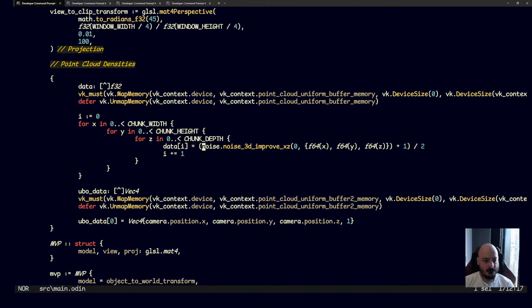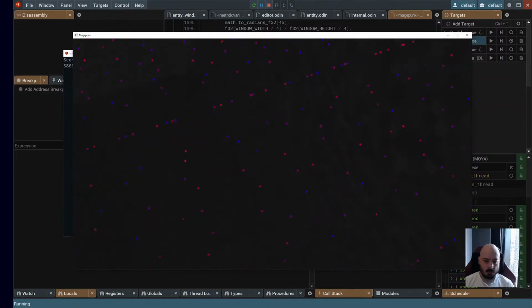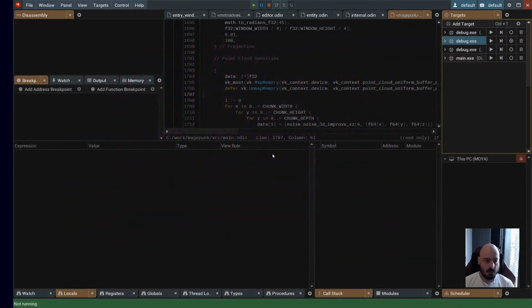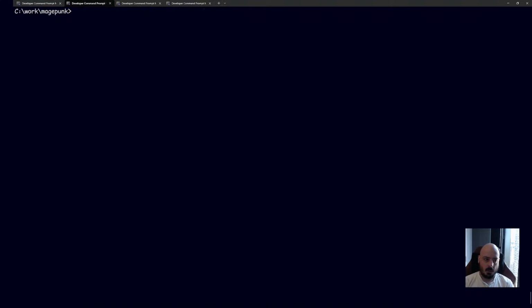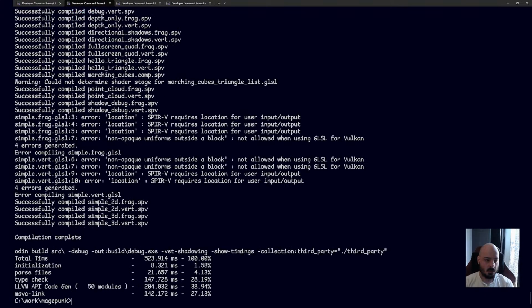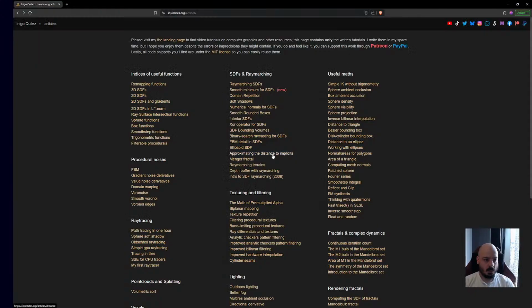Okay. That looks kind of the same because we don't have any amplitude or anything here. Let's see. Build. Everything is building fine. So I guess I can look at the values actually.